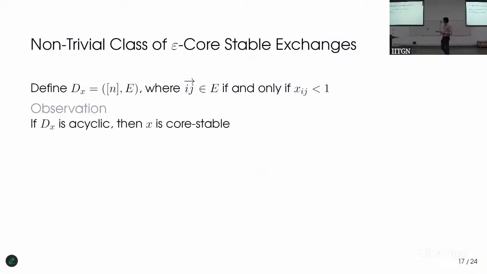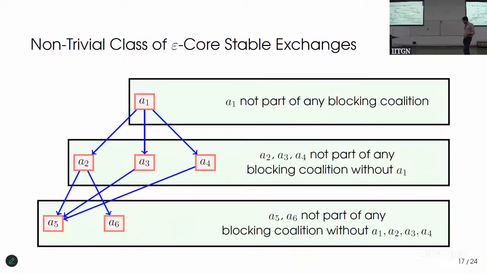The first observation is that if this dependency graph is acyclic, then your exchange is core stable. It's not very complicated. Why so? If your dependency graph is acyclic, then look at the sources of this graph. The sources get data from everyone because they have no incoming edges, so they are not going to be part of any blocking coalition.